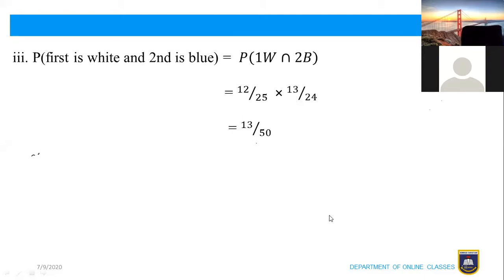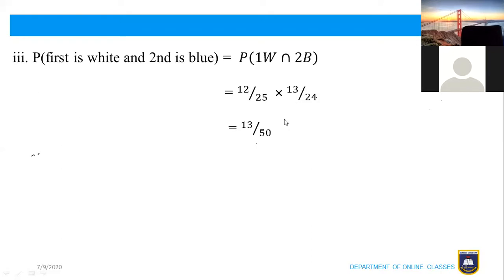Who is also having a different solution? Rejoice, give us your solution to the problem. I had the same answer as Eunice, but not the same steps. The probability of the first white ball intersecting with the second white ball, intersecting with the first blue ball, then the second blue ball.